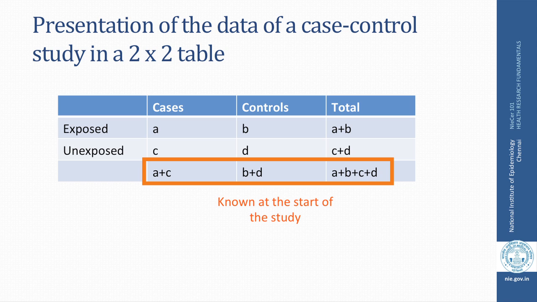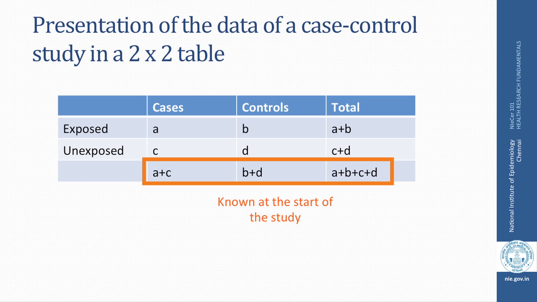However, in case control studies, when the study started, we knew who were cases and who were controls. So, A plus C were cases to start with, and B plus D were the controls. And we found out that of the A plus C cases, A were exposed and C were unexposed, and in the same way of B plus D controls, B were exposed and D were unexposed.